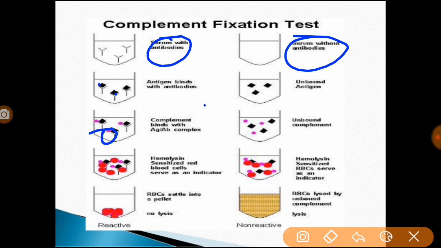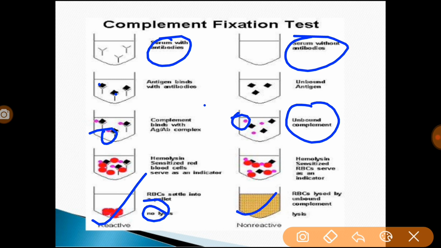Hemolysin-sensitized red blood cells serve as the indicator, and if the RBCs settle down, that means no lysis, so it is reactive. Here, antigen-antibody binding is not present, so unbound complement is present, the pink color is not bound to an antigen-antibody complex, so the sensitized RBCs serving as indicator are lysed by the unbound complement, so it is non-reactive.